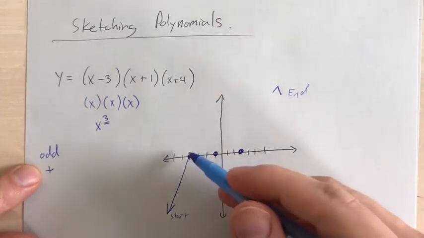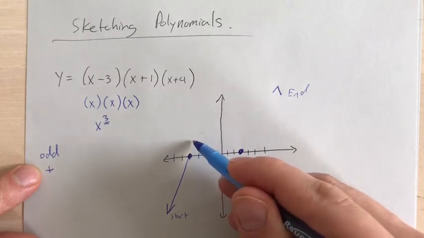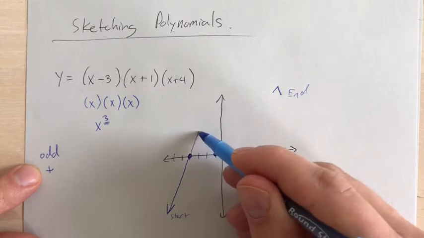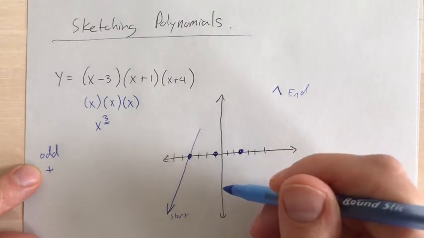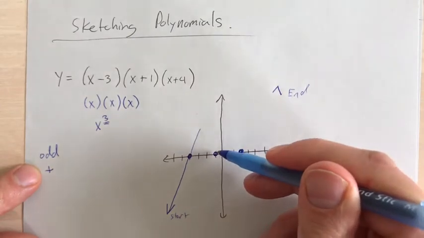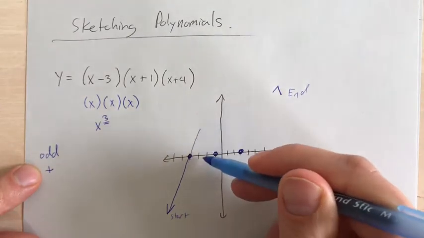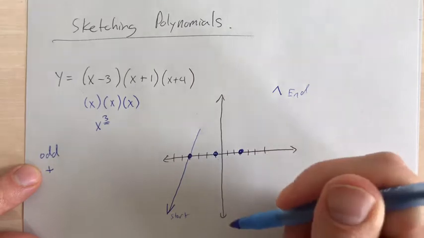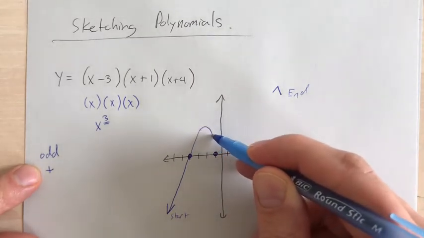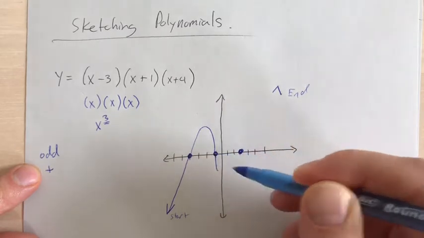Now, I know that I'm going to have to go past the x-intercept, and I'm going to go through to the other side. And at this point, I have to decide, well, where do I go with my graph? Well, I can't keep going up forever because I have to come back down to this guy. And I can't go down and go through the x-axis here because there is no x-intercept here. So I'm going to start by thinking again, roller coaster, hill, come back, and then go through this guy.